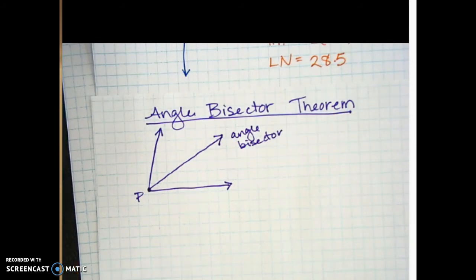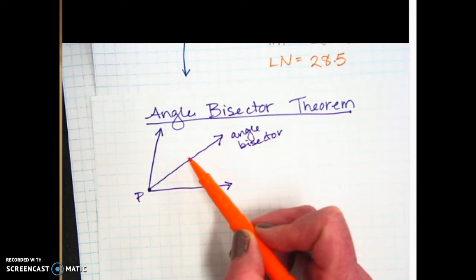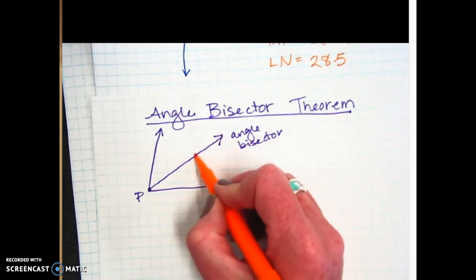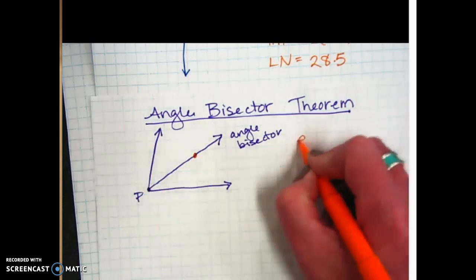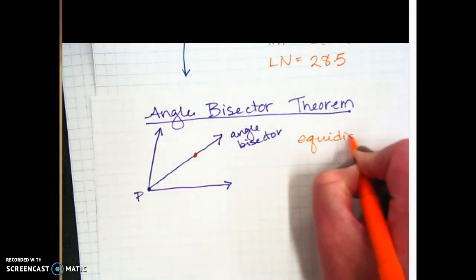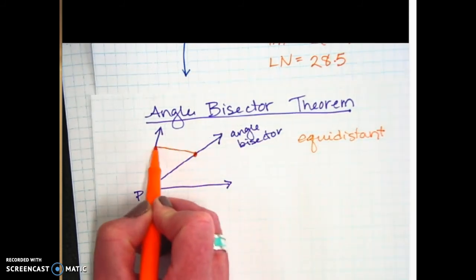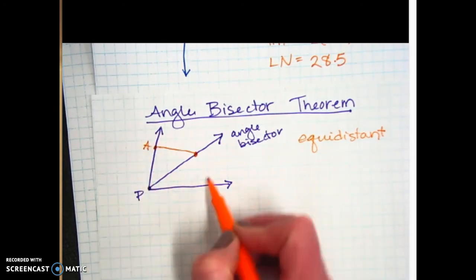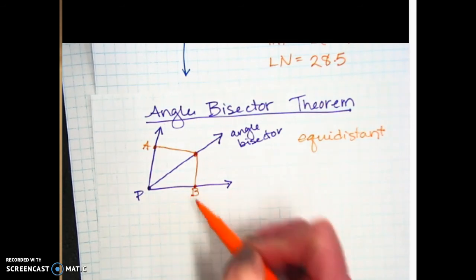So this theorem says that if a point is on that angle bisector, so anywhere along this angle bisector, you're going to put a random point. I'm going to pick right there. Okay? This theorem says that that point is equidistant from the 2 sides of the angle. So from here to here, we'll call this point A, and from here to here, we'll call this point B. Okay?